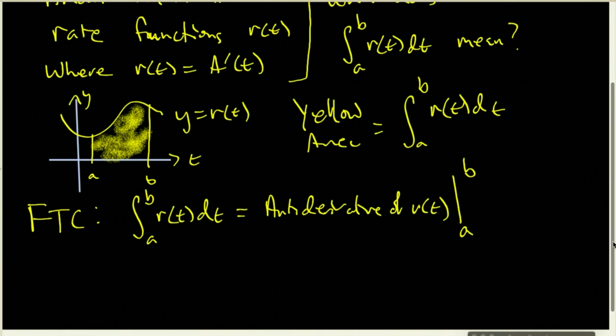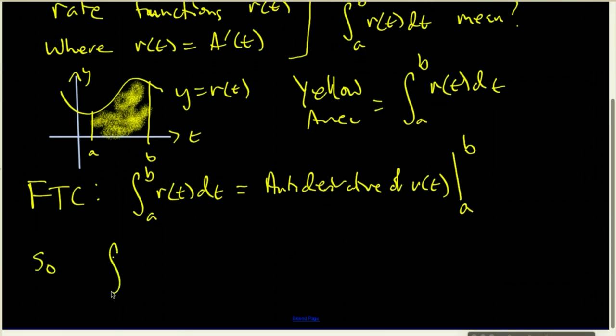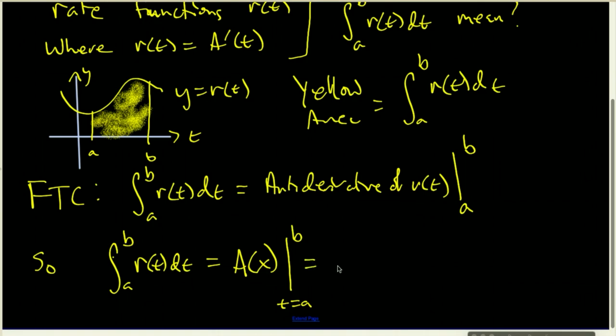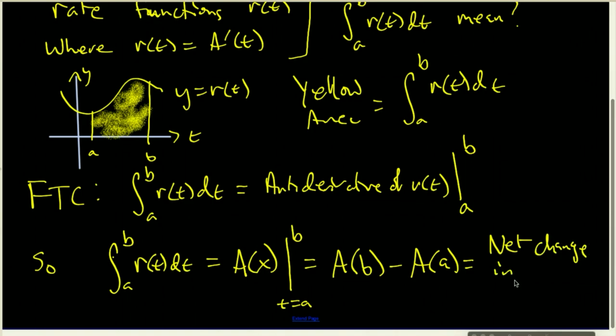So what this means is that the integral between a and b of the rate function will be equal to the amount function as t goes from a to b. This will be the amount function at b minus the amount function at a. In other words, this is going to be the net change in A of t as t goes from a to b.